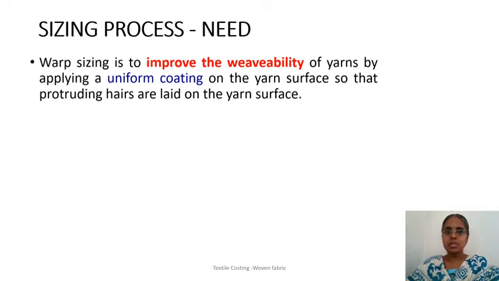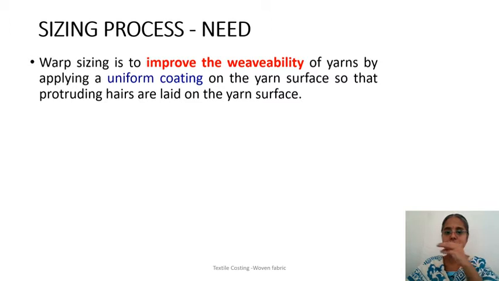So the sizing process, let us see what is the need. We already know that it is to improve the weavability of the yarns, and in the sizing process they apply a uniform coat of the size paste on the surface so that the protruding hairs are bound to the surface and do not come out like this.